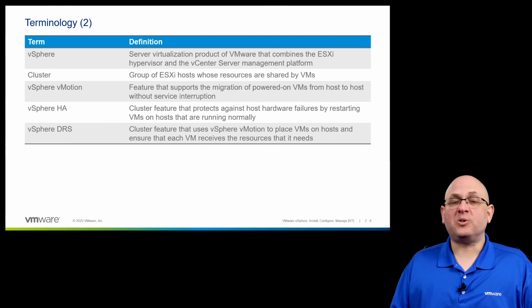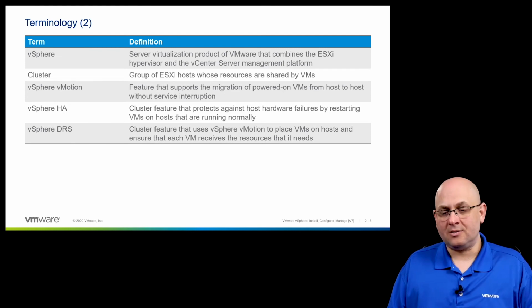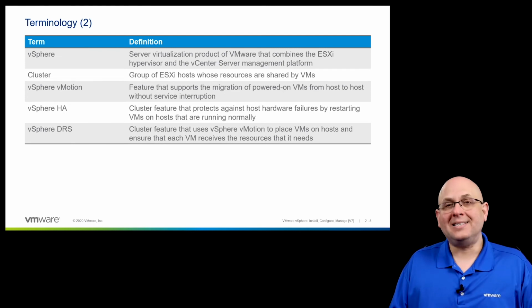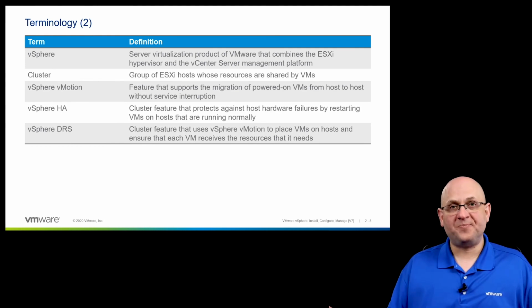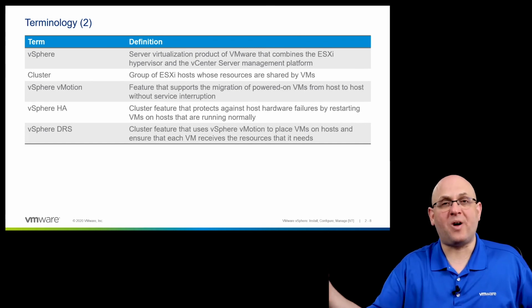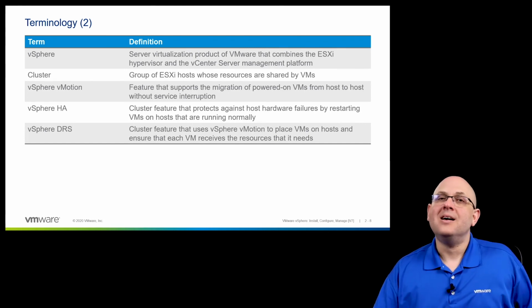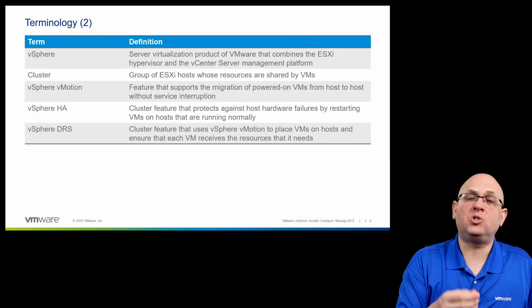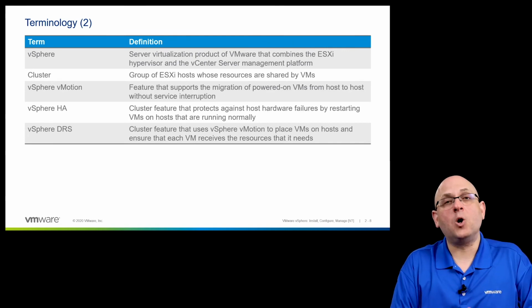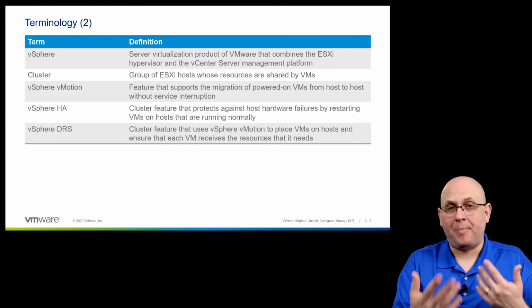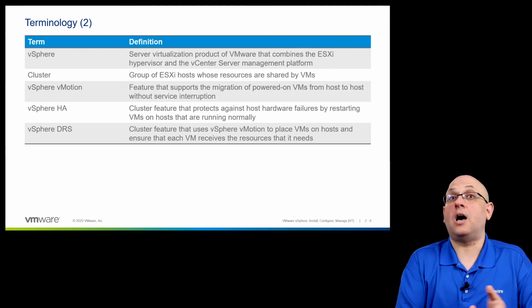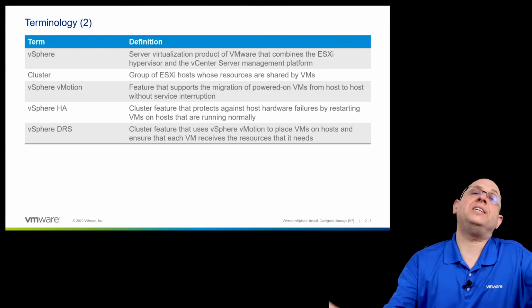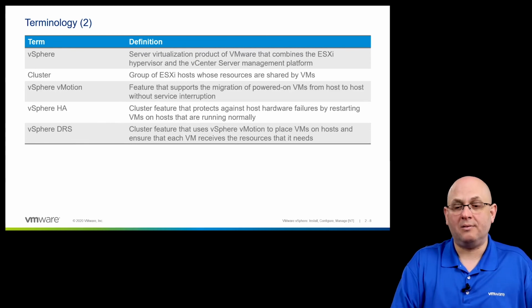Now, two features that are a part of our clusters are called HA and DRS. What vSphere HA does is it looks at all of our hosts and all the virtual machines that are running on them, and it says that if one of the ESXi hosts should fail, if we have a hardware component fail, like multiple power supplies die, or CPU or memory dies, the host goes down, and the virtual machines that were running on that host go down with it.